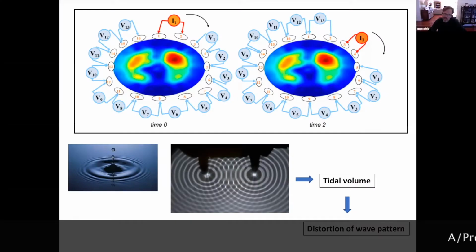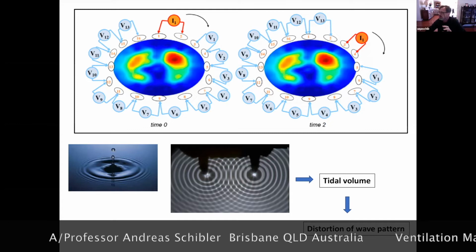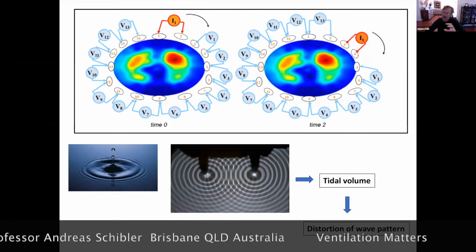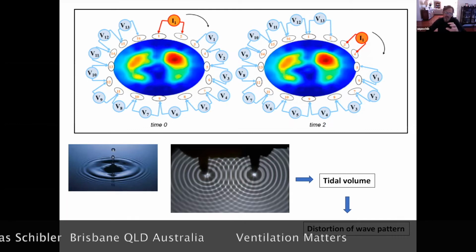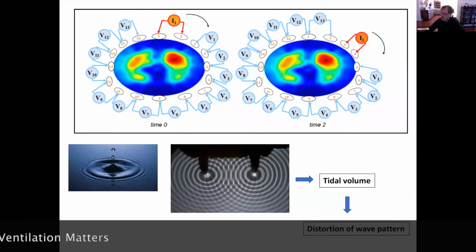The distortion is then analyzed in a mathematical model, and it gives us information about volume change within the chest. That's a very simplified approach to understanding EIT. It's nothing else than creating these waveforms, distorting them, and the distortion gives us information about volume change.